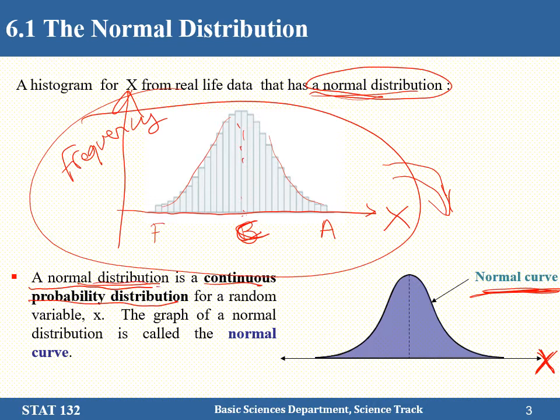So a normal distribution for us is a continuous probability distribution for a random variable x. The y-axis here is not the frequency, by the way. There is some more mathematics in changing this to the probability distribution, and we will see that the area under the curve corresponds to the percentage or the probability for x.